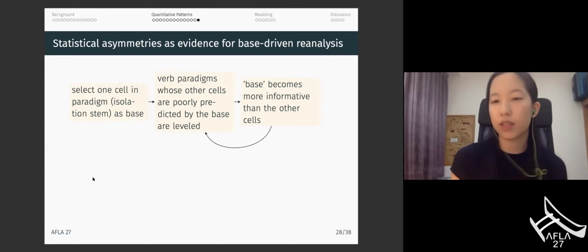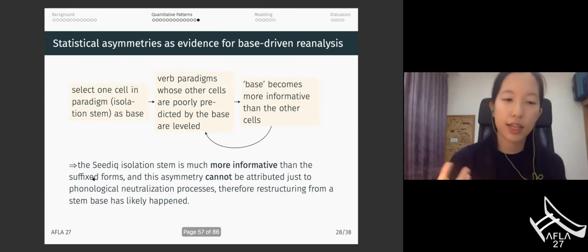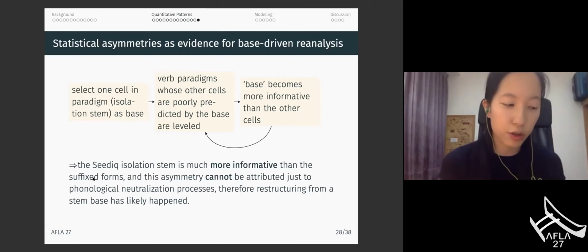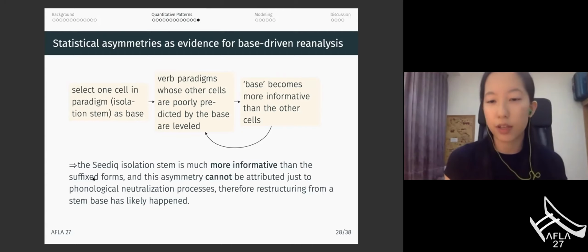And as a result of this, the base will become more informative. And this process will repeat itself, making the base increasingly more informative. So in the case of Seediq, we see that the isolation stem is much more informative than the suffix forms. And this asymmetry is not just a result of phonological neutralization processes such as vowel reduction. And this suggests that restructuring from a stem base has likely happened.